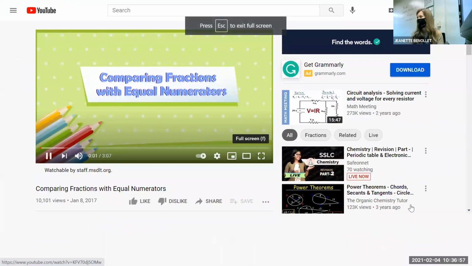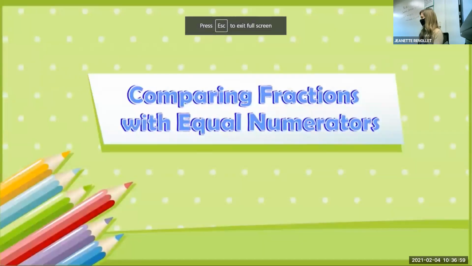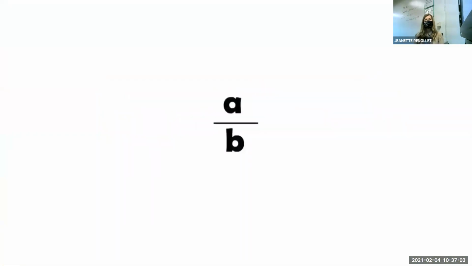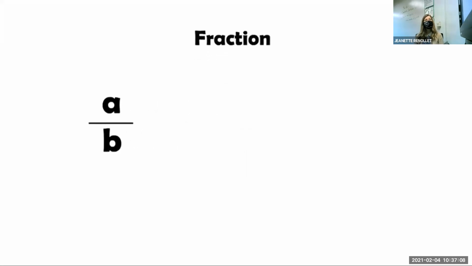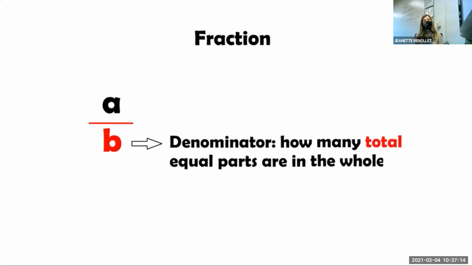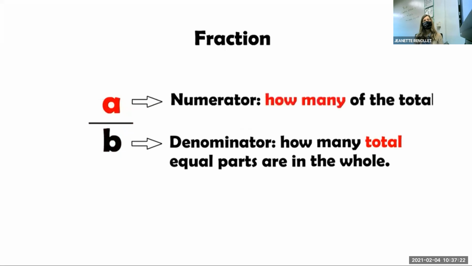Comparing fractions with equal numerators. As you learned before, a fraction has two numbers. The number below the bar is the denominator, which tells you how many equal parts are in the whole, while the number above the fraction bar is called the numerator, and it tells you how many equal parts are represented.